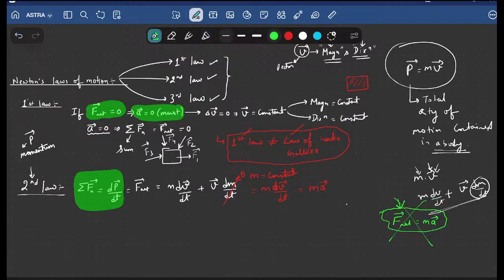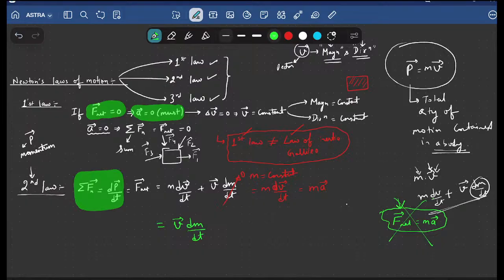Now listen carefully. If in some case you see that the velocity is not changing, I'm not kidding, I'm serious, then dv by dt will become zero, since the acceleration is zero. If this part becomes zero, then what will happen? Zero into m will become zero, and this will become v dm by dt.